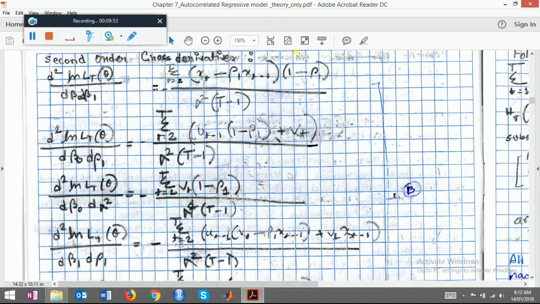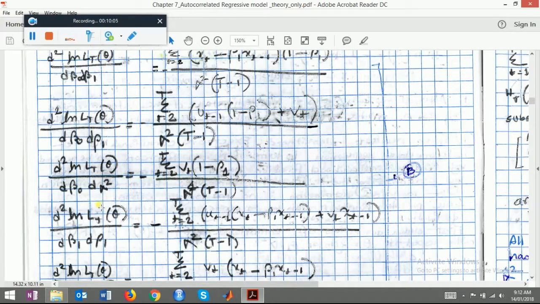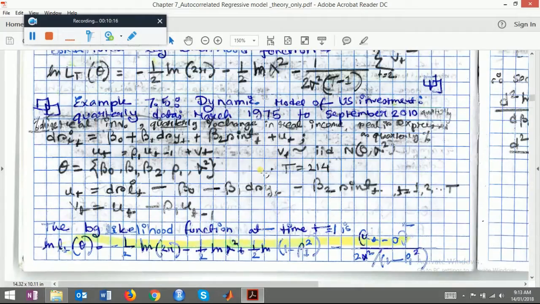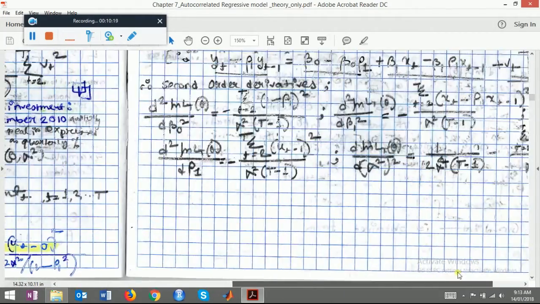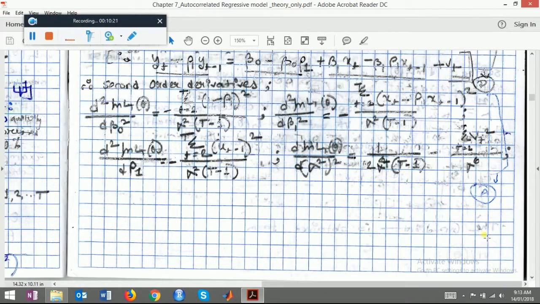The Vt from here vanishes, and we are just left with the other Vt from rho 1. Then for beta naught with sigma square, the denominator is sigma to the power 4, and in the numerator you have two terms. From the second derivative of sigma square, you had Vt square, that is one term.